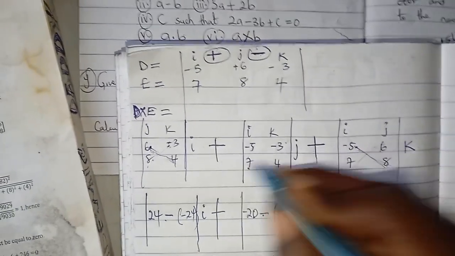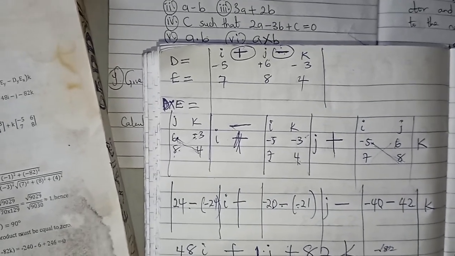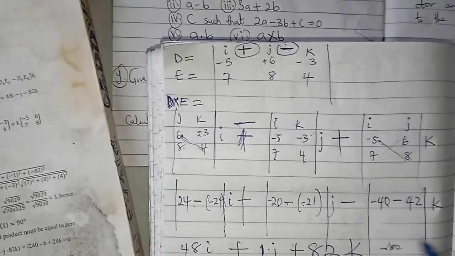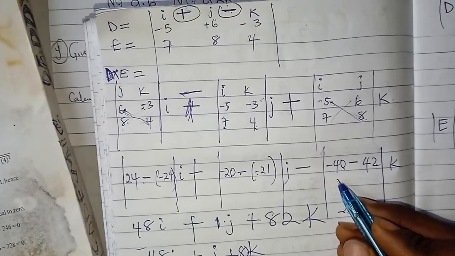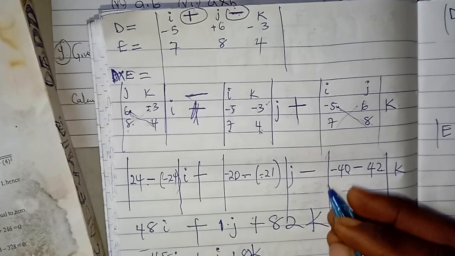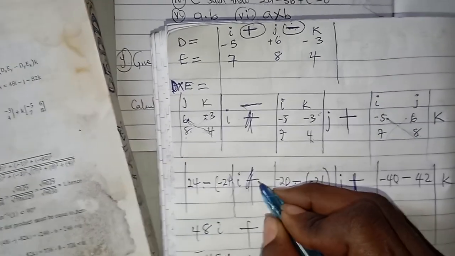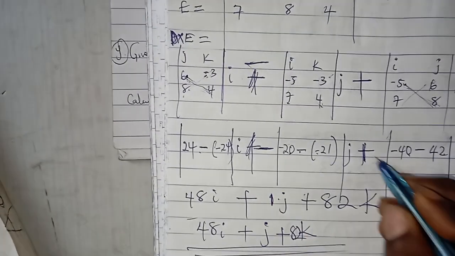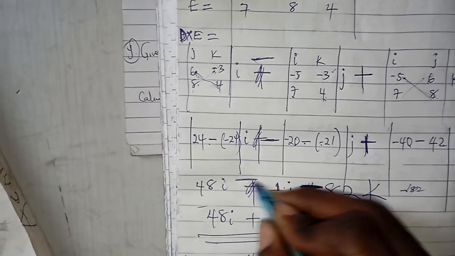This should be plus, this should be minus. Remember that this becomes plus, this is minus. So the slight error is that what we have here is supposed to be minus, and what we have here is supposed to be minus.